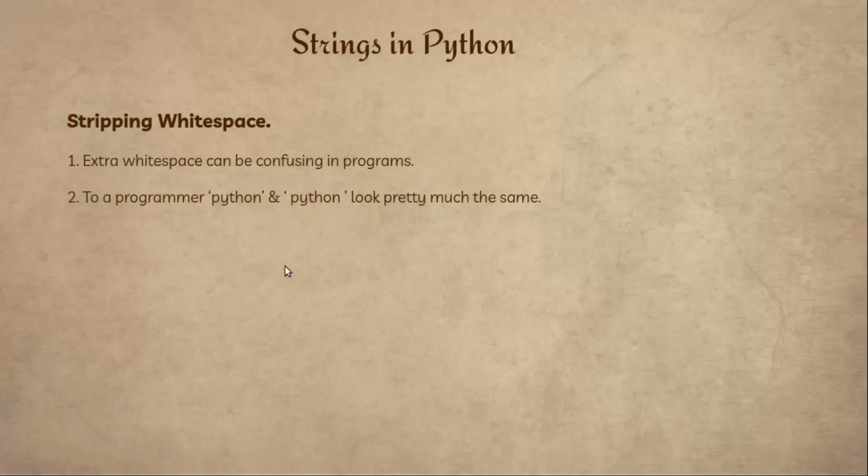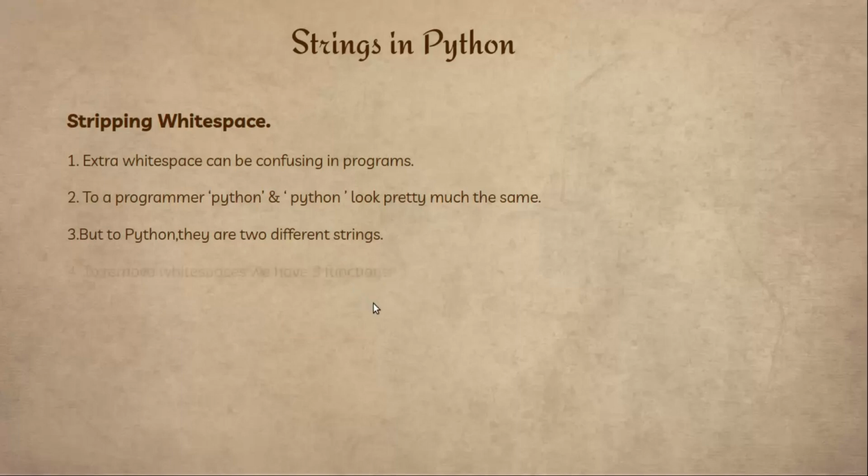So for a normal person, these two words may be the same, but for the computer, these two are completely different words. So to remove this confusion, it's better to remove white space altogether. To Python, they both are different strings. So we need to remove white space whenever possible so that we get the raw word only without any space.